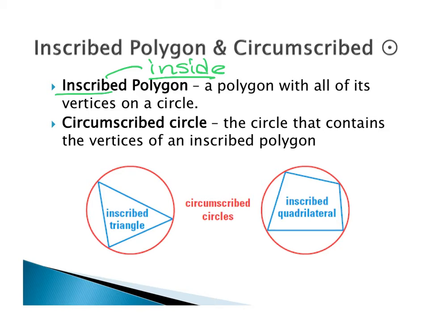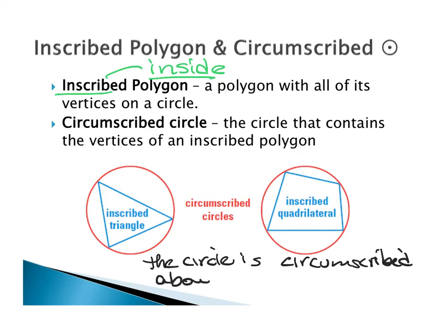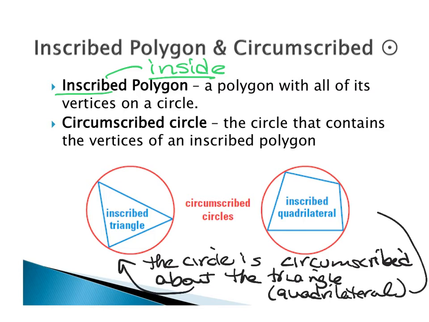So here we could also state that the circle is circumscribed about the triangle, if I was referring to this picture. If I wanted to say the circle is circumscribed about the quadrilateral, then I'm referring to this picture. So that's how you would phrase using those words.